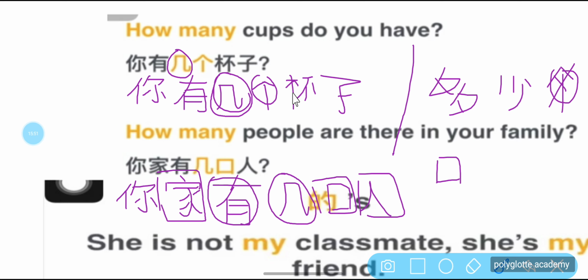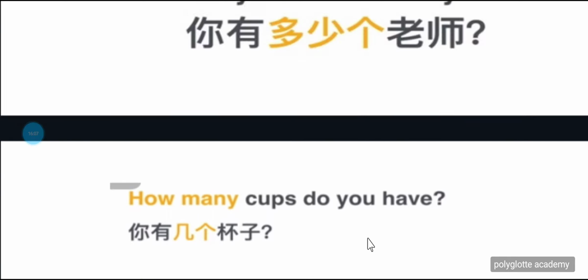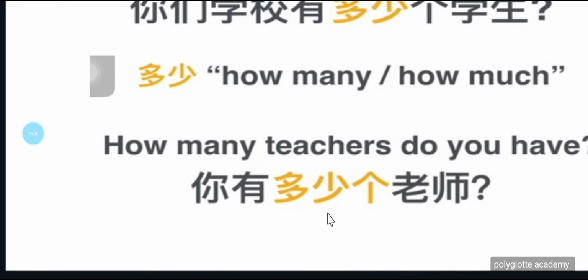A measure word that goes everywhere, not actually the measure word for cups, but one that can go anywhere. So 个 here is a measure word that we have used to connect the family with 几. Now, for demonstration, you discover that here we use 你有多少个老师?